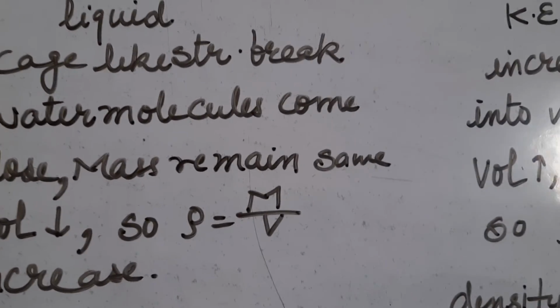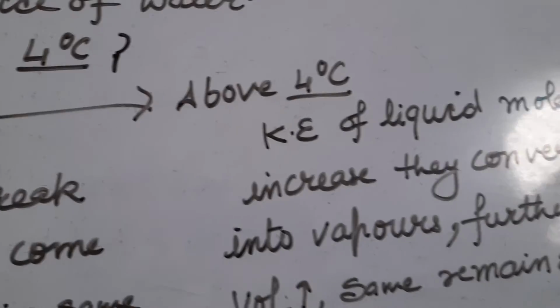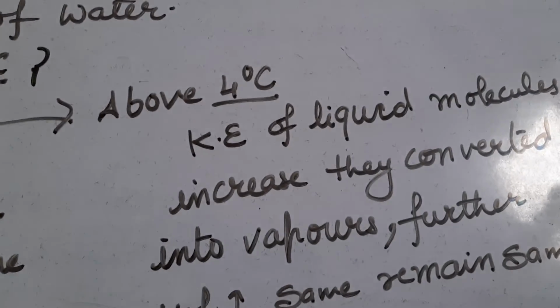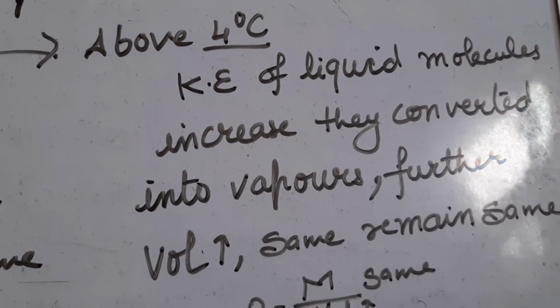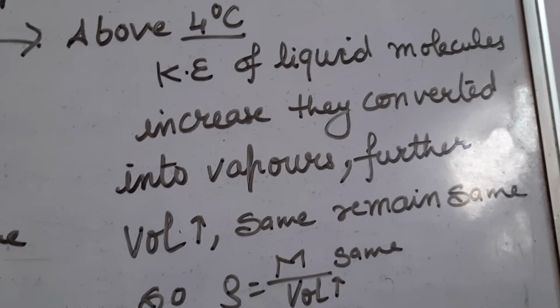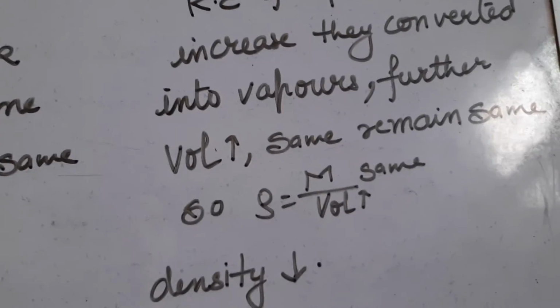But when you increase the temperature above 4 degrees Celsius, what will happen? The kinetic energy of molecules increases, so they leave the surface of the liquid and convert into vapors. Vapors occupy all the space available to them.